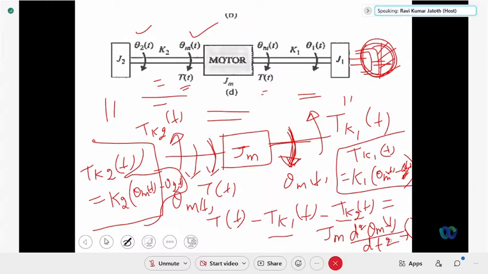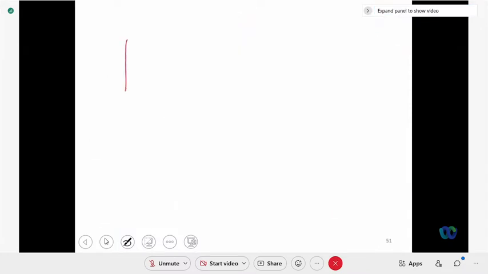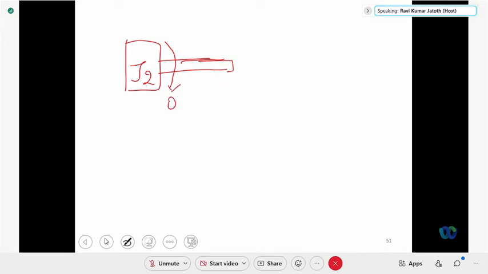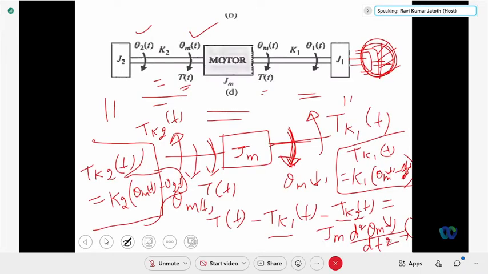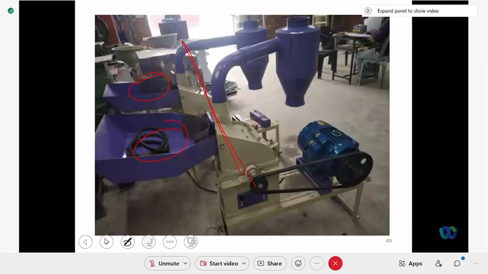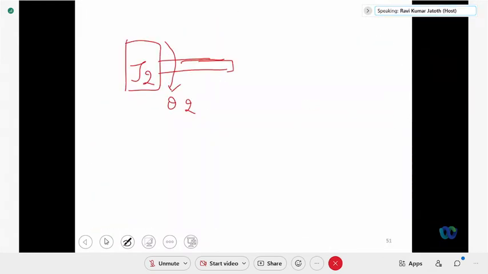Similarly, we have to write around J2. So this is J2. Right, around J2. So there is an angular displacement theta 2, which is in downward direction only. Okay. So spring force, Tk2 of t, here only.